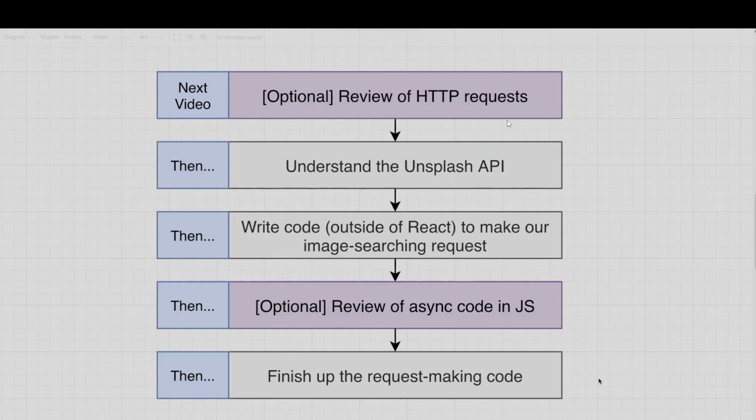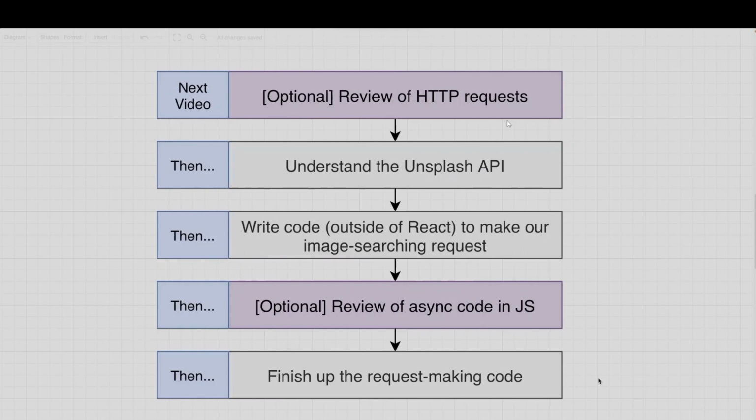So now here I will give you a layout, a step by step layout of what we are going to do in the next upcoming lectures, because this is going to be a long project and we will understand many more things in this project. So you need to understand, or you can say learn this project with full focus, because many complex topics are coming in the future. So now the next video will be a review of HTTP request.